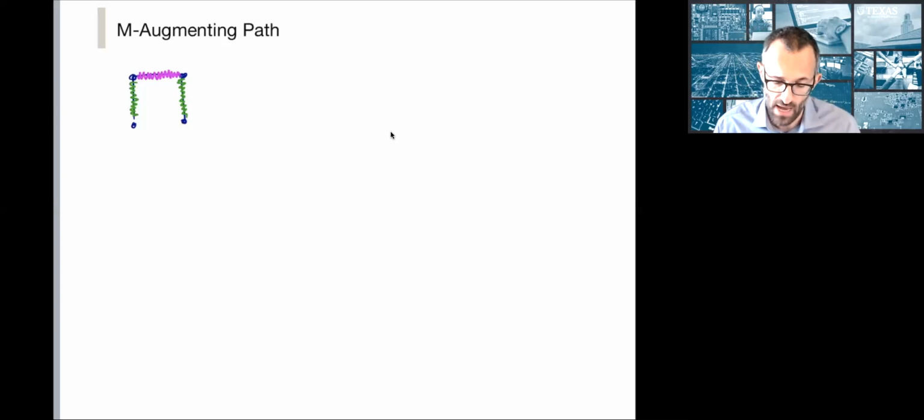What is an augmenting path? It is a path that alternates between edges not in the matching and in the matching. And it's called an M-augmenting path because it's in reference to the specific matching M that we have.